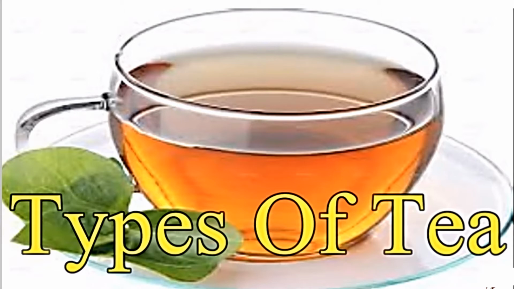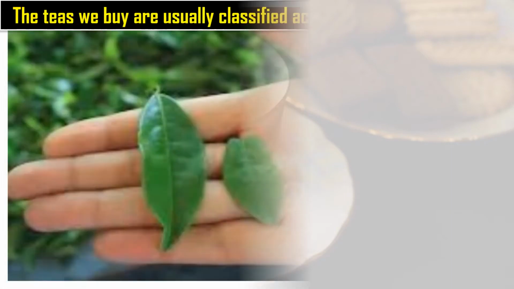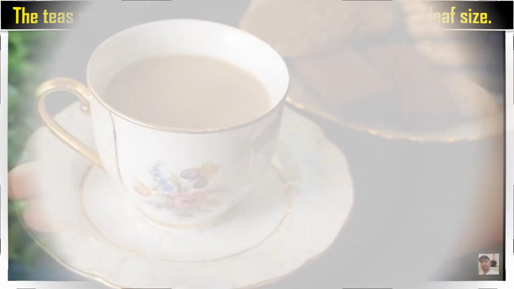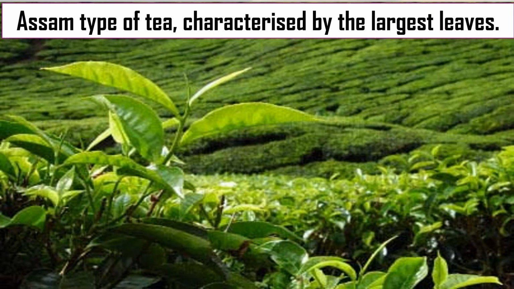In India, we have 3 types of tea. We will see them one by one. First is the Assam type of tea, that is characterized by the largest leaf. You can see in the picture that they have the largest leaves.